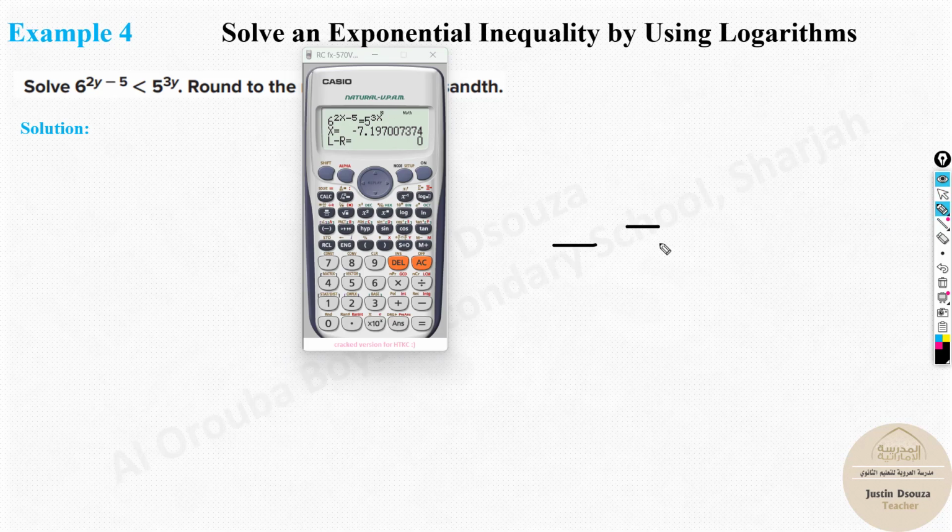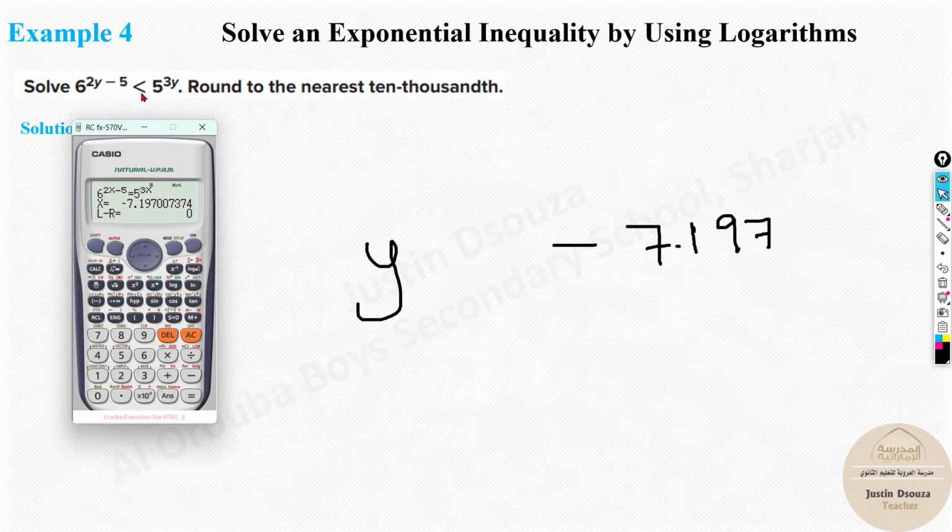So the answer is minus 7.197, right? But how is the inequality? We can see over here it is less, but no, y can be greater or less than. The inequality will remain the same if this is bigger than this. If this is smaller than this, the inequality flips.